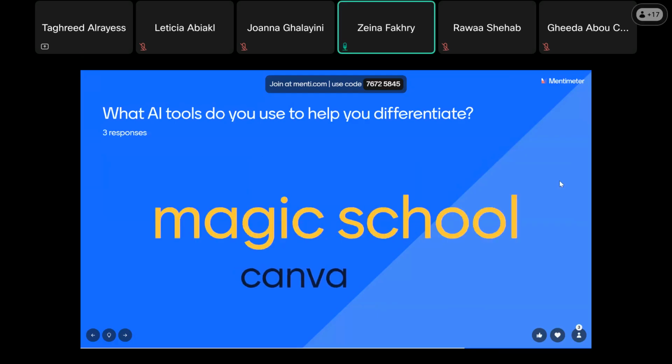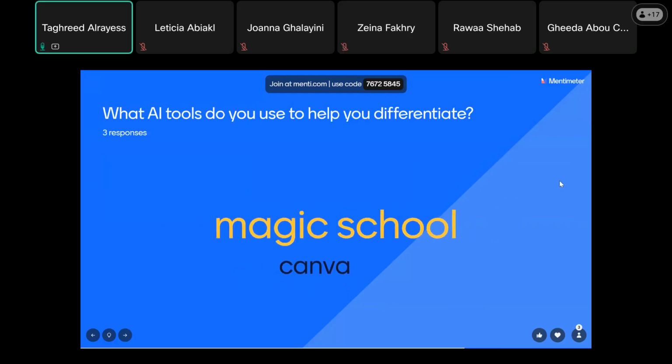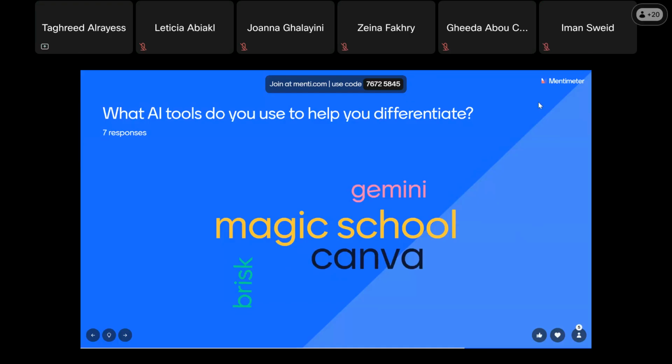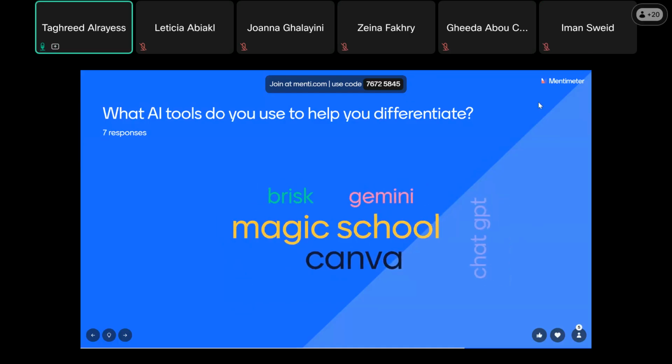Edpuzzle. Edpuzzle, great. Gamma also. Gamma, that's great. Anything else? Different applications. Yeah, different applications. Okay. Gemini, ChatGPT. Yes.